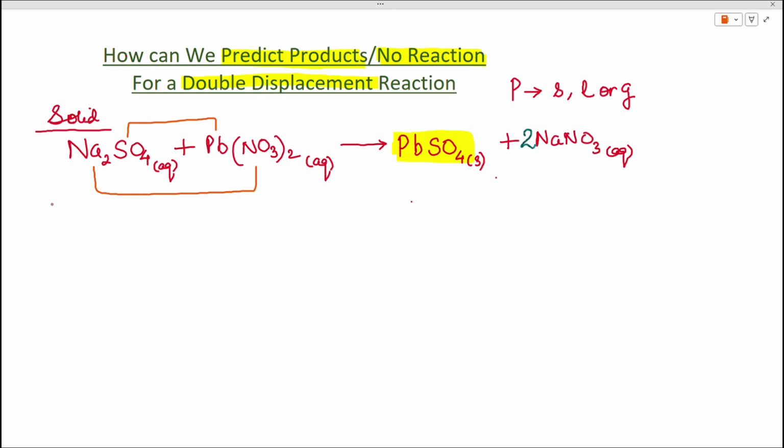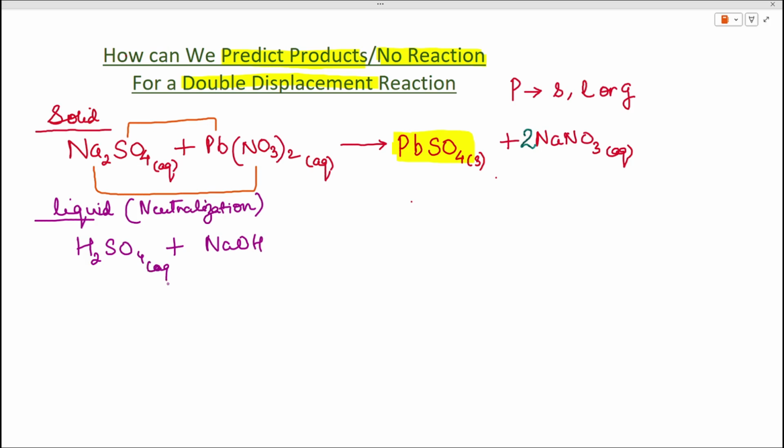The second one is where there's a formation of a liquid, and those specifically are neutralization reactions. So we'll take an acid, H2SO4, and make it react with a base, which is NaOH.